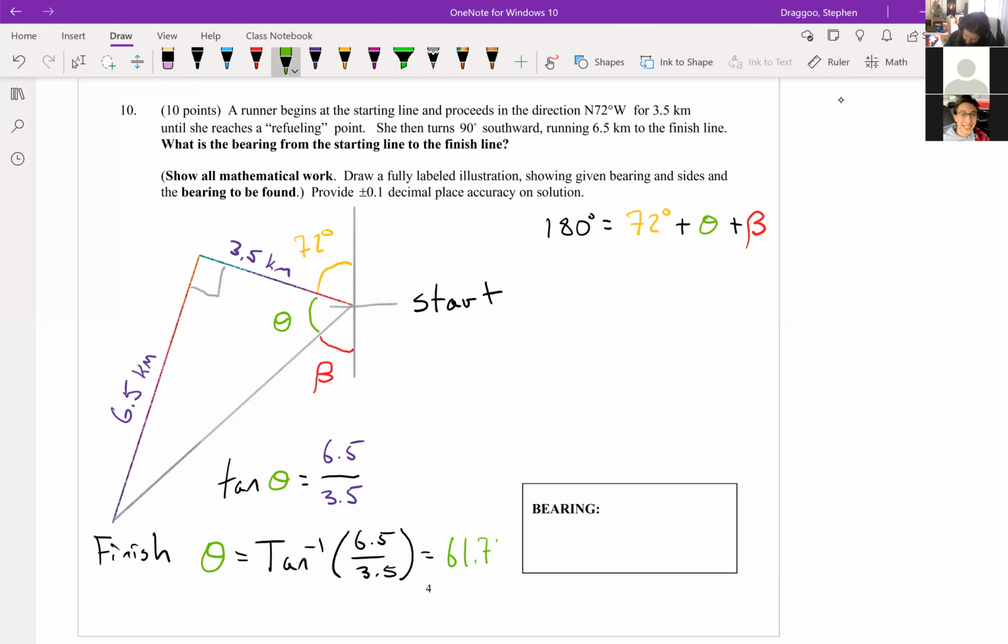In fact, it's 61.70 degrees. All right, bring that back up to the work where we were solving for beta.